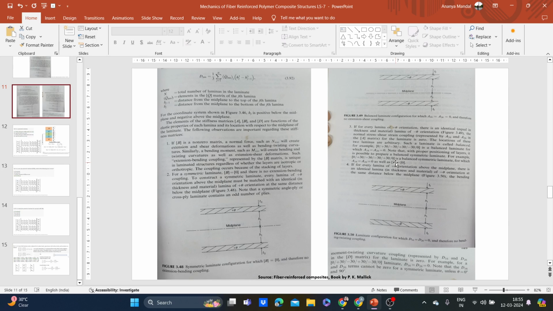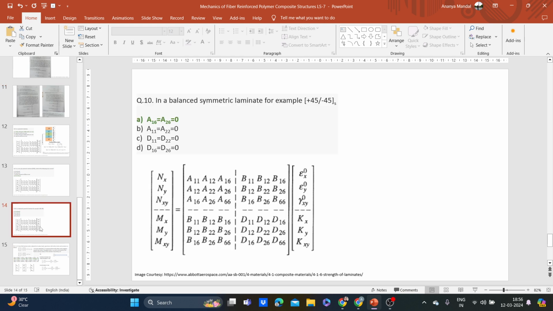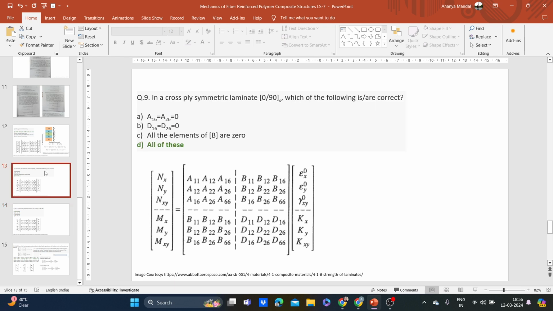No, they have not mentioned balance. They have just mentioned cross ply laminate. I think the first option should be correct, but you cross check once. You check why A16 and A26 will be equal to 0.